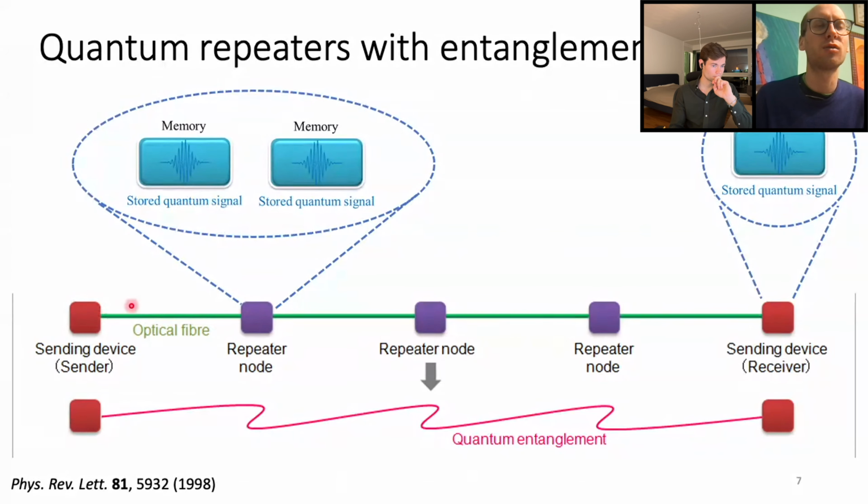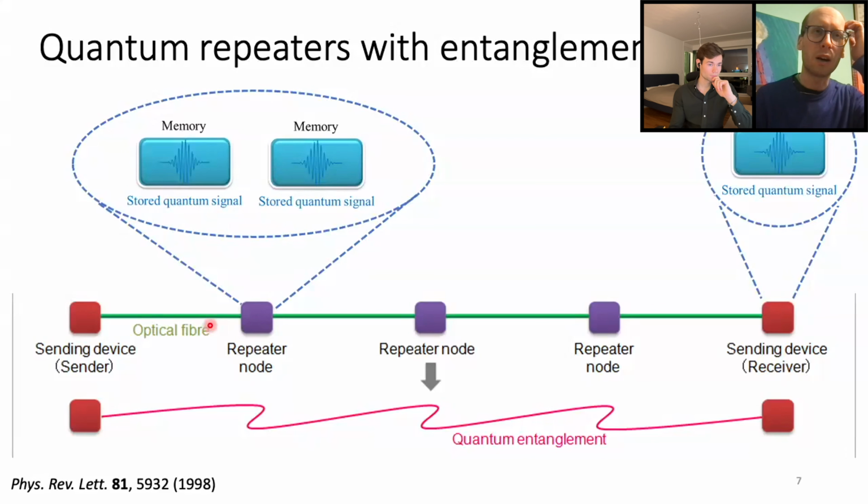If you think that this process is happening in rounds, let's say there is round number 1 and every repeater sends a photon to the next repeater. And then there is round number 2, round number 3. The probability that all repeaters succeed in transmitting the photon to the next repeater in a single round is effectively exactly the same as the probability that the sender sends a single photon in a single round all the way to the receiver. And that scales exponentially.